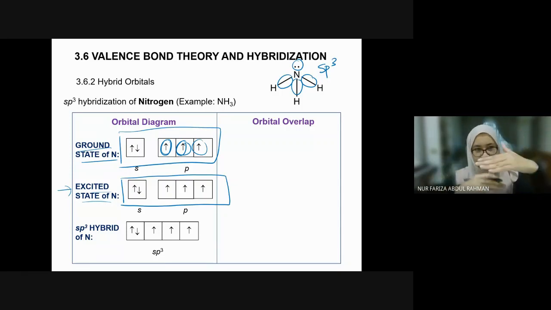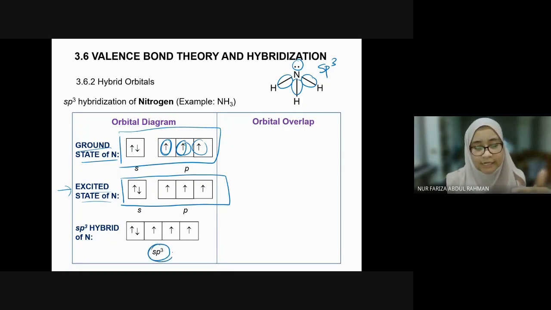Faham? Sebab kita nak make sure dia standardized. Okay, tapi dia adalah benda yang sama from the ground state just now. Okay, not only that, dia baru dia hybrid. So dia hybrid. Dia hybrid S dengan P akan combine sebab dia nak jadikan Sp3. Mesti nak jadikan Sp3. Okay, alright.